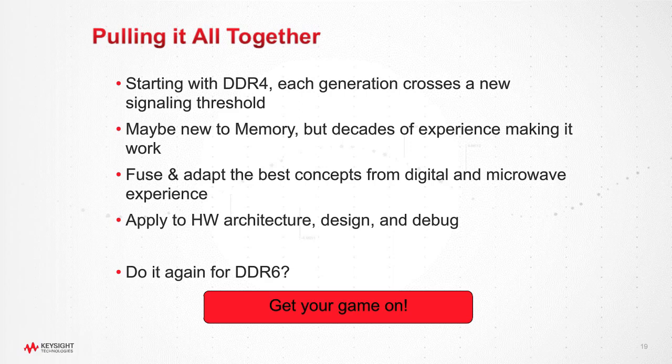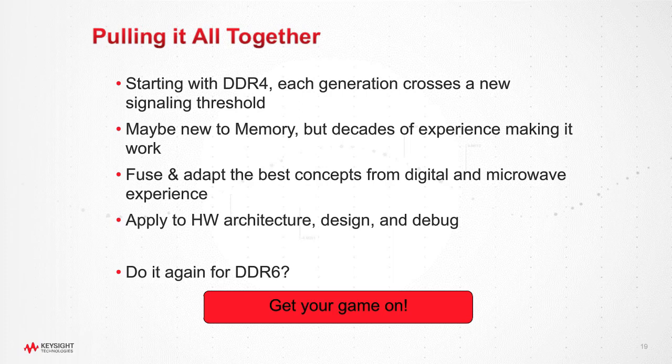You have to be able to fuse concepts from the digital and the microwave or RF world as you reach these kinds of speeds, and then you have to apply it to the specification, how you design your hardware, even the algorithms that you're going to put into your controller that control things like training sequences and so on.